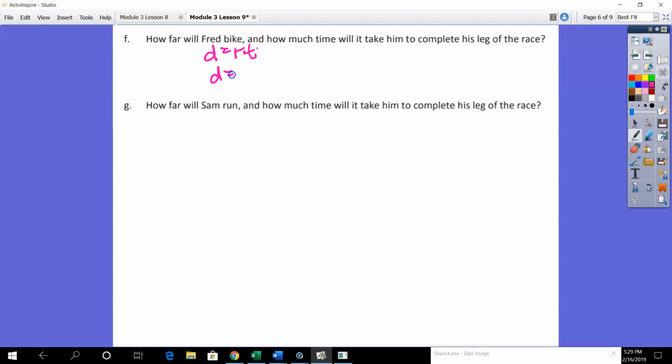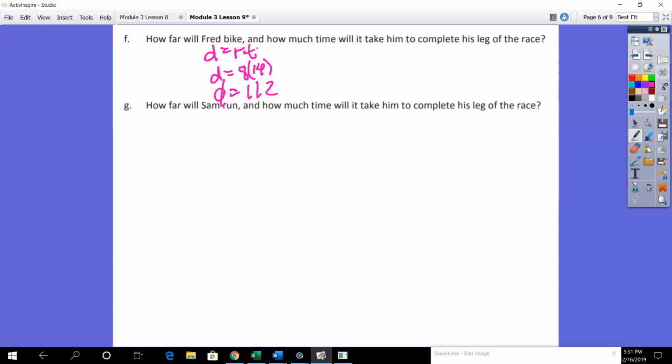So the distance is equal to the rate he was going, which was 8, times the time he spent, which was 14. Okay, so d, the distance, is equal to 112. 8 times 14 is 112.